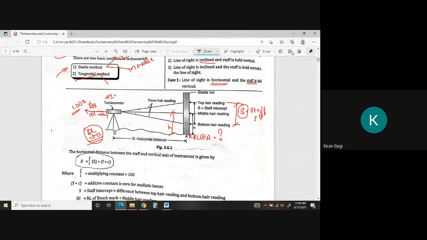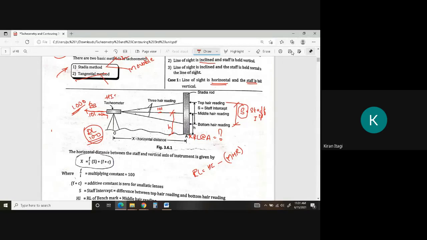So the RL of that station will be height of the instrument minus middle hair reading. Am I audible? Yes, sir. Okay. So here you have got this level as 101.